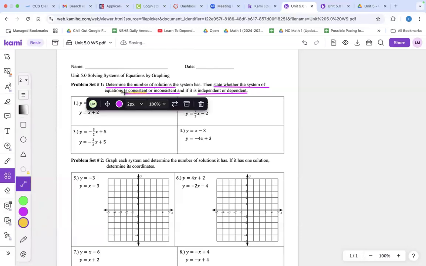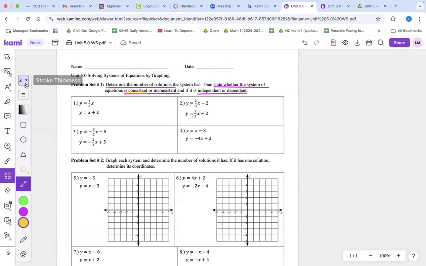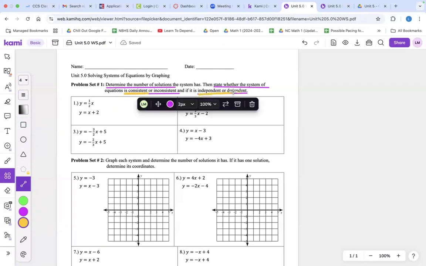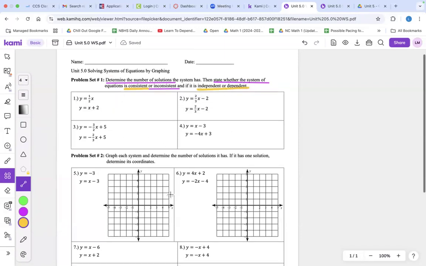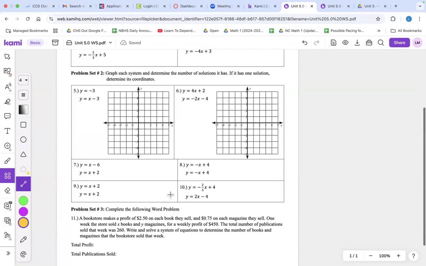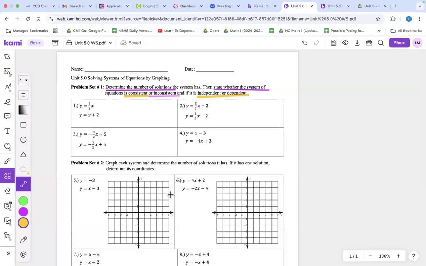Consistent, let me highlight that bigger. Don't turn this off yet. Consistent is the only thing that goes with independent and dependent. It cannot be inconsistent in this. Independent and dependent only go with consistent. So using your notes, I need you to complete this assignment. If you have any questions, make sure you ask.